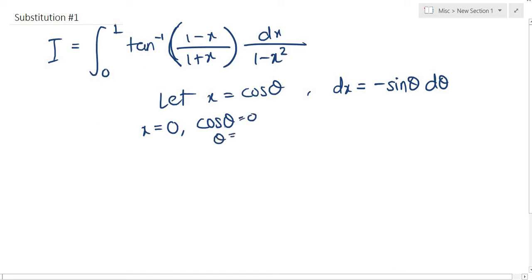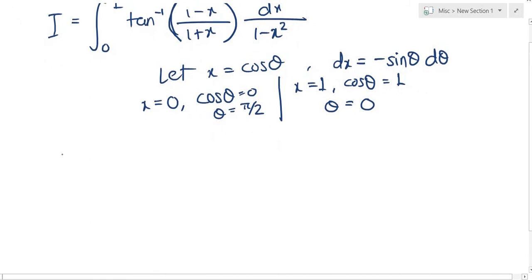So theta is the cosine inverse of 0, which is pi over 2, because if you plug in pi over 2 instead of theta in the cosine, you obtain a 0. And when x equals 1, that's to say cosine theta equals 1, so theta is the cosine inverse of 1, and that's 0. So great, we have all the information that we need for our classic substitution.